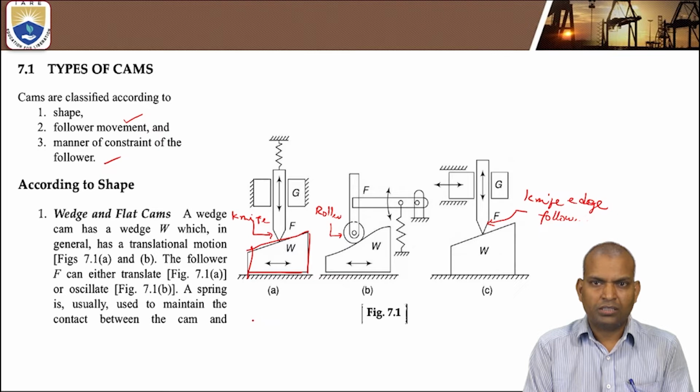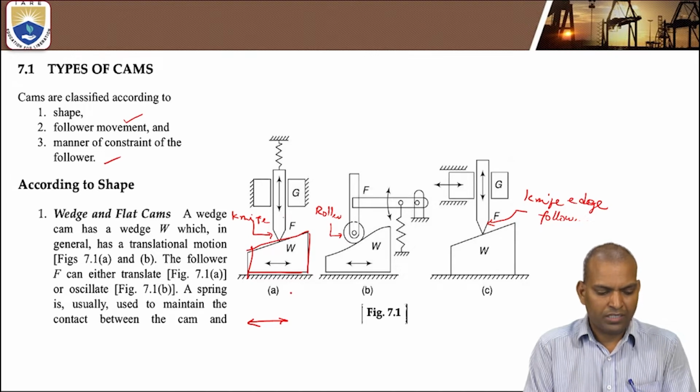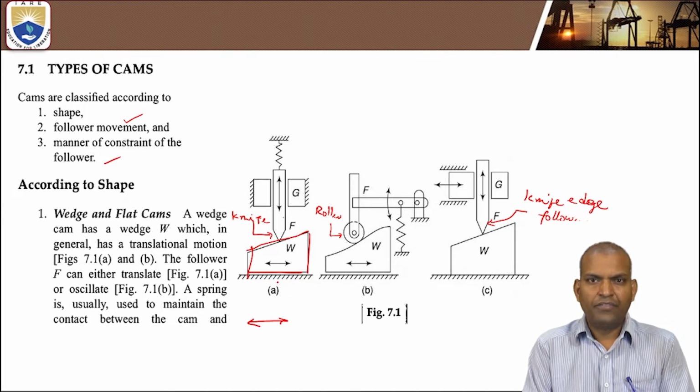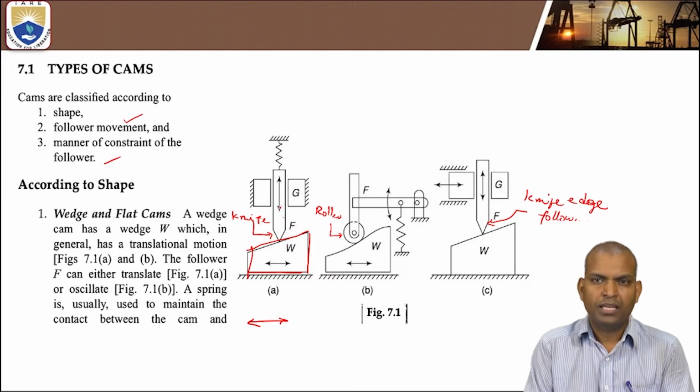When the translational motion takes place, the follower F has an up and down motion, that is also translation, vertical translation motion. The follower is in contact with the wedge, a point contact.